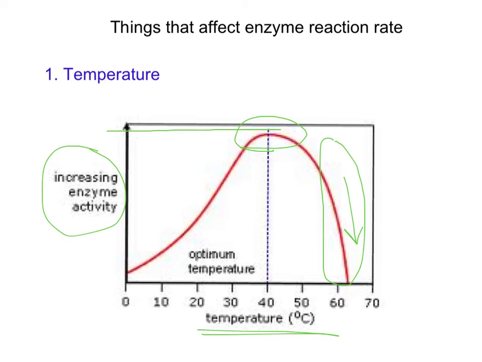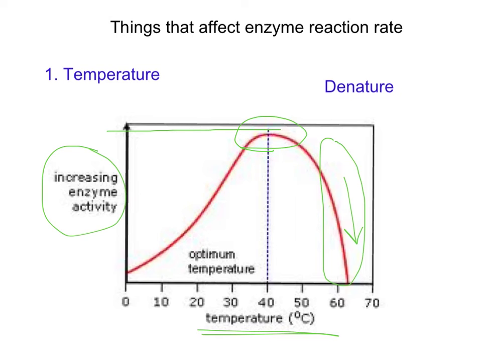One of the things we need to be aware of with temperature is something called denaturation. With denaturation, the enzyme actually loses its shape. If we think back to the very beginning, one of the characteristics of an enzyme is that it is a protein, and the protein's ability to do its job hinges on its structure. Protein structure and function go hand in hand.